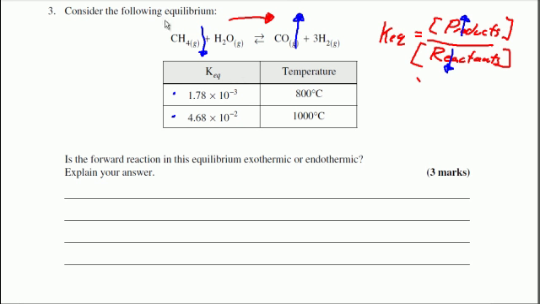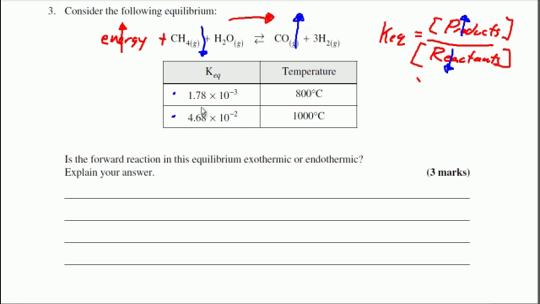Okay, so we increased the temperature. So what that's telling me is that energy is on the reactant side. What we did was we increased the energy, and then the reaction wants to use that energy, and it shifts to the right, and therefore makes more products.